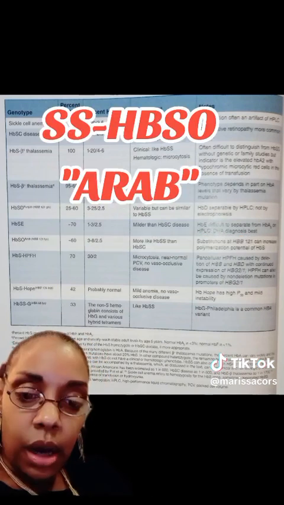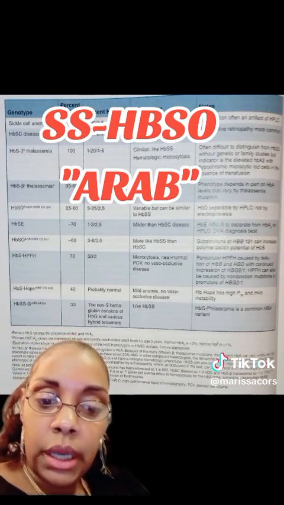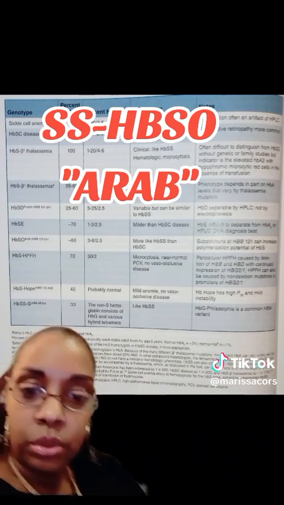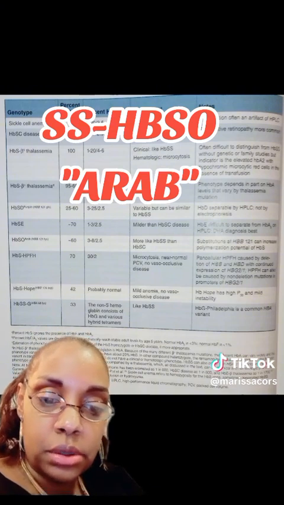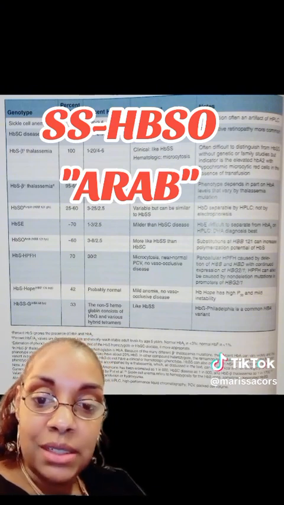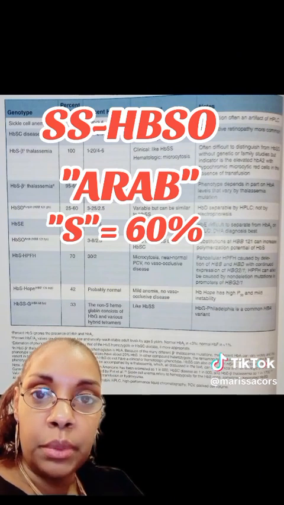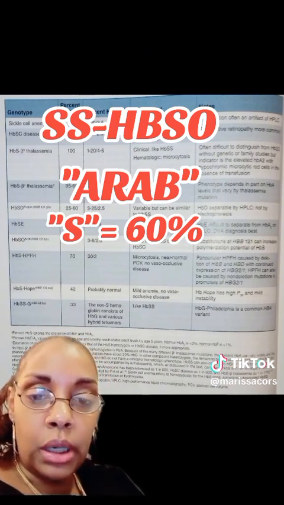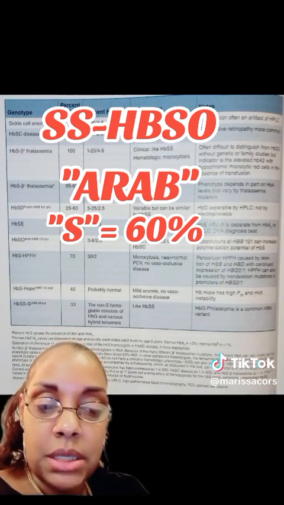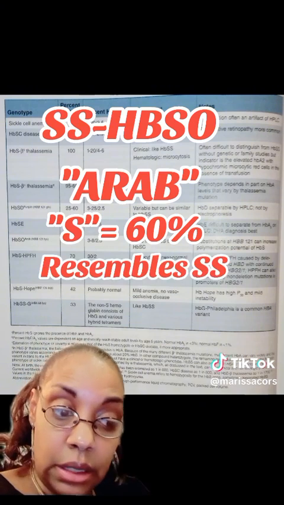Right now, we're talking about sickle cell HbS-O Arab, which is the Arab genotype. It has 60% of hemoglobin S. It's considered more like sickle cell SS than SC.